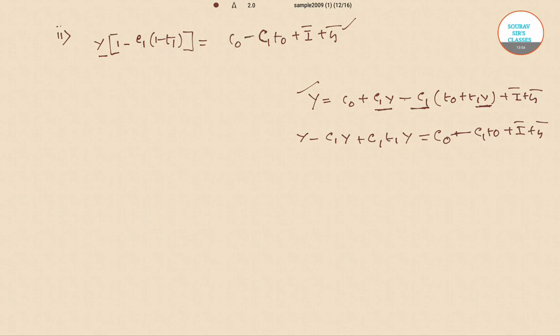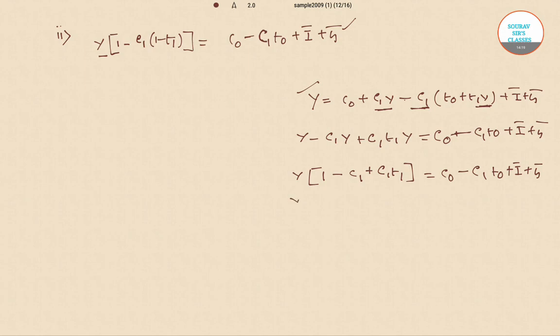So now the value of this will be, if you take Y outside, it will be 1 minus C1, and from here will remain plus C1 T1, which will be equals to C0 minus C1 T0 plus I bar plus G bar.